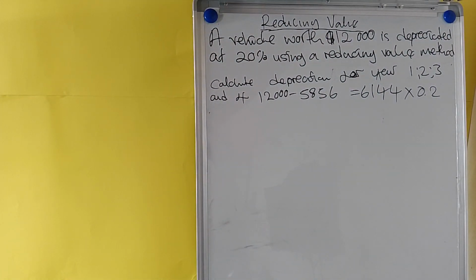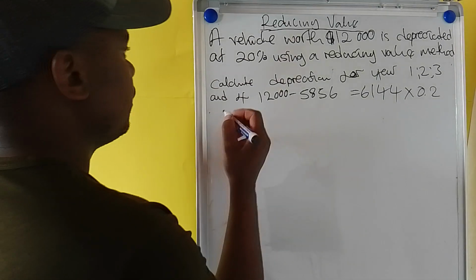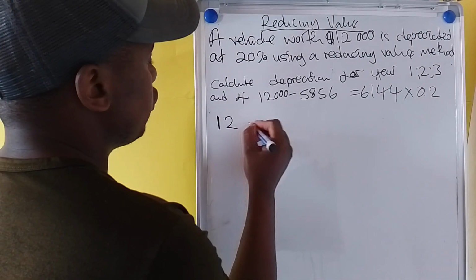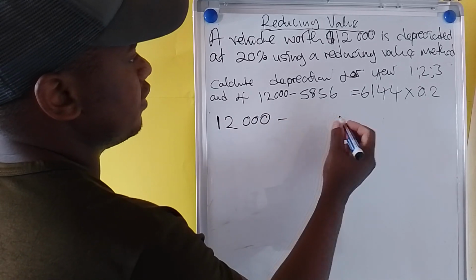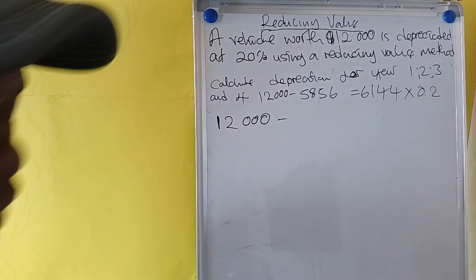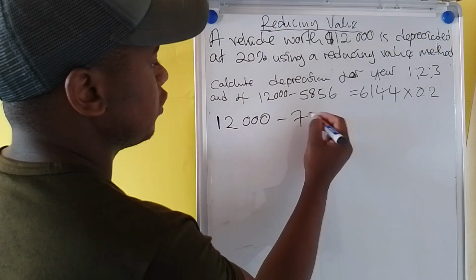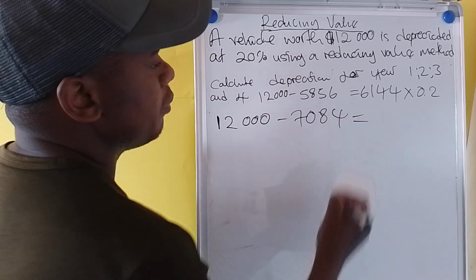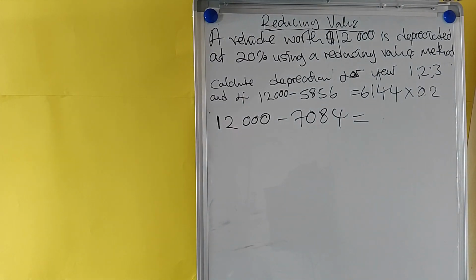If you are using the reducing value method and you are told that the lifespan of the motor vehicle is 5 years, and you are on the 5th year, you will not use the same method you used in years 1 to 4. In the final year, you take the initial amount of 12,000 and deduct the accumulated depreciation of 7,084, and the remaining amount will be your depreciation.